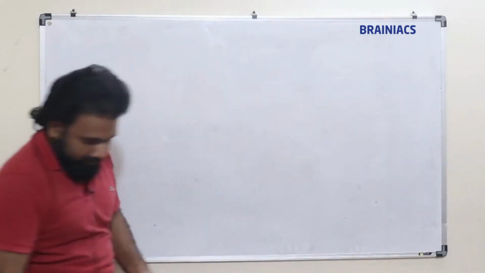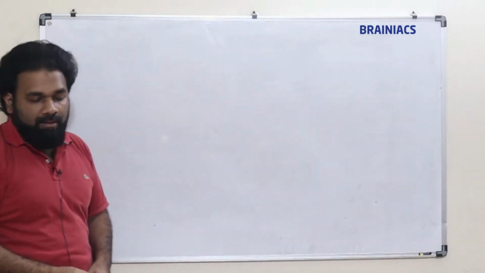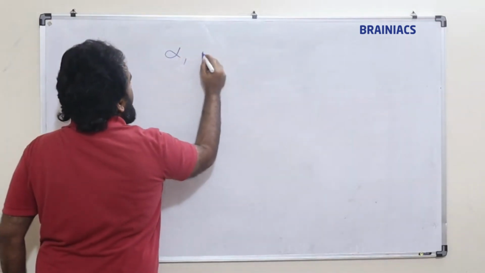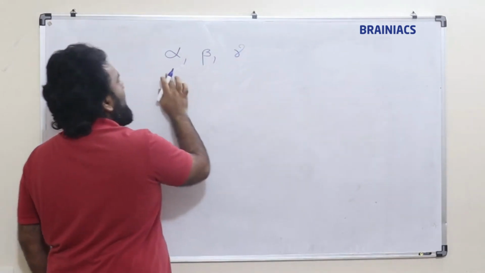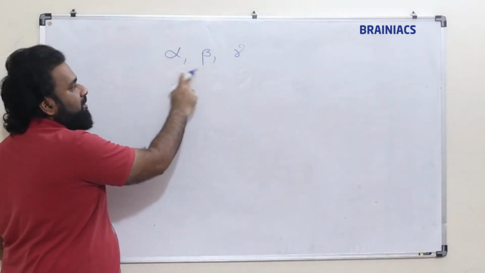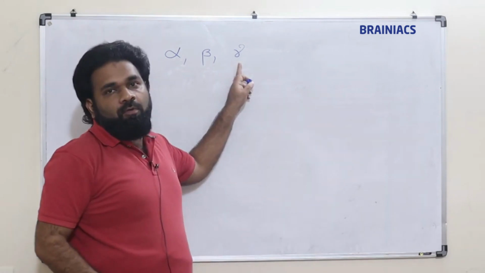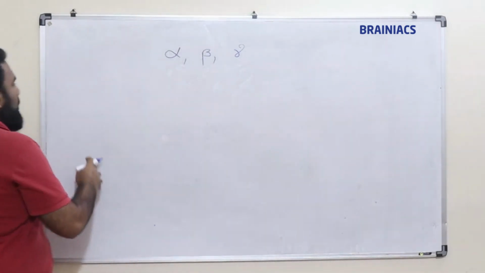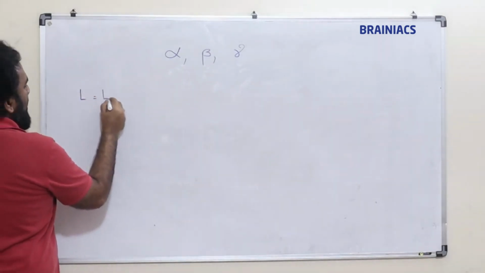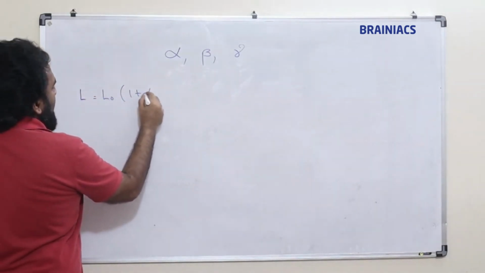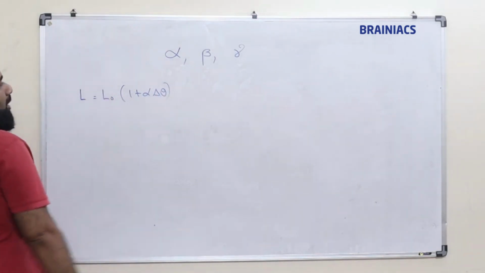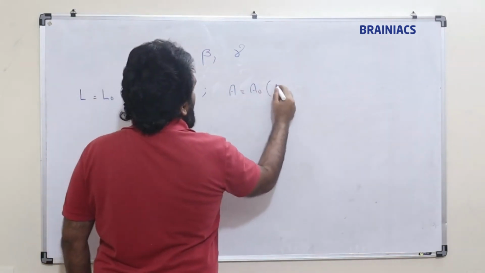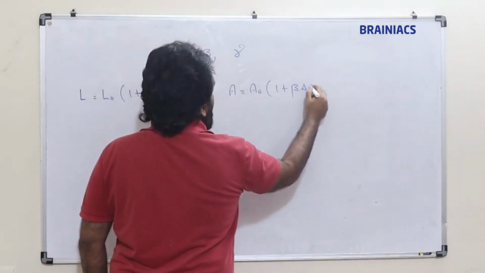There is a relation between alpha, beta and gamma. Let us see that. Coefficient of linear expansion, coefficient of areal expansion, coefficient of volumetric expansion, and that depends on the material. We know L is equal to L naught into 1 plus alpha delta theta, and area A is equal to A naught into 1 plus beta delta theta.